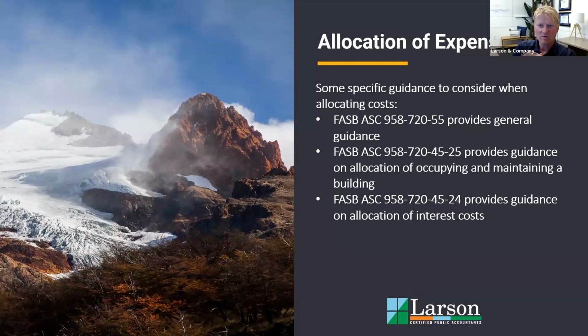Each of these sections is specific to the nonprofit industry section of the accounting standards. There's some general guidance, some guidance on allocation of occupying and maintaining a building, and also guidance on allocation of interest costs as well. Feel free to look that up yourselves, or if you aren't able to have access to that, feel free to reach out. We can help provide some additional guidance there.